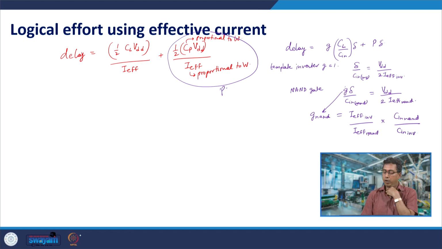So, what we obtain is that we can relate effective currents and logical effort values. We can also relate effective current and parasitic delay values.